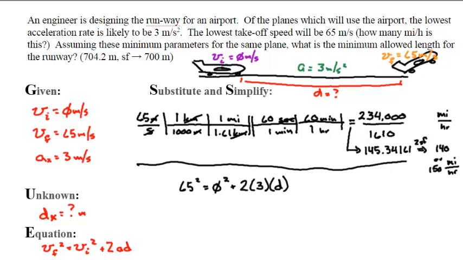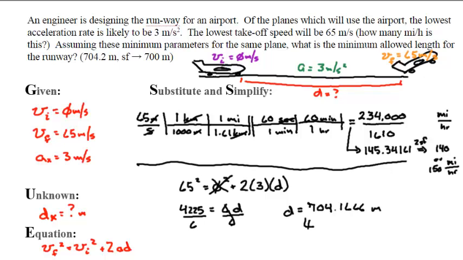When I square 65, I get 4225 equals, the 0 blows up, and 2 times 3 is 6d. In order to get d all by itself, I'll divide by 6. d equals 704.1666 meters.